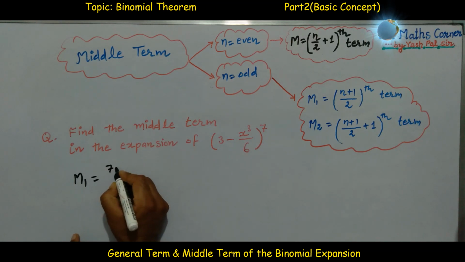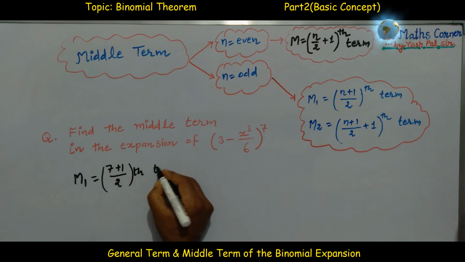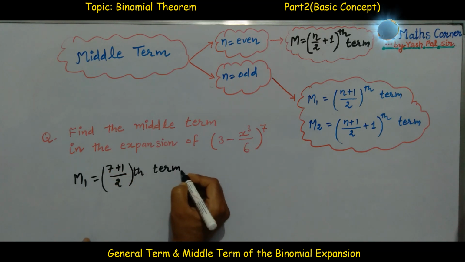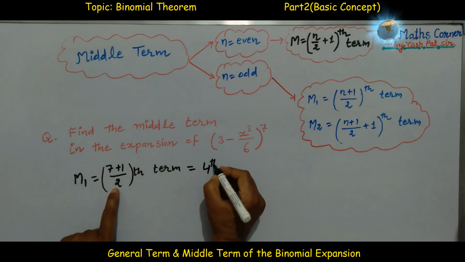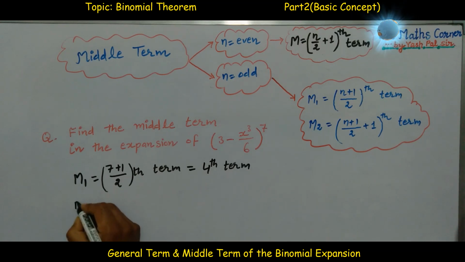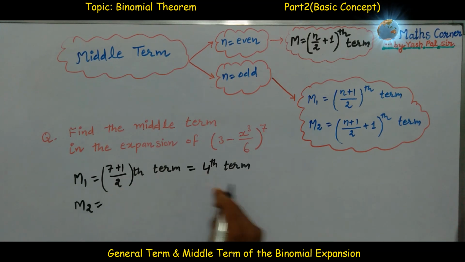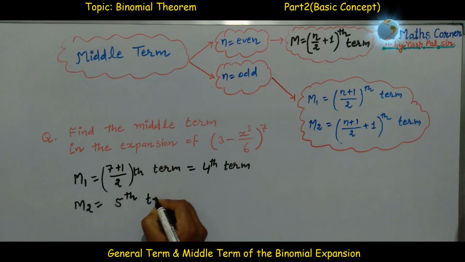So (7+1)/2, the th term. This is the first middle term, that is equal to 8 by 2, the fourth term. And m2 means the fourth term's next, the fifth term. These are the two middle terms.